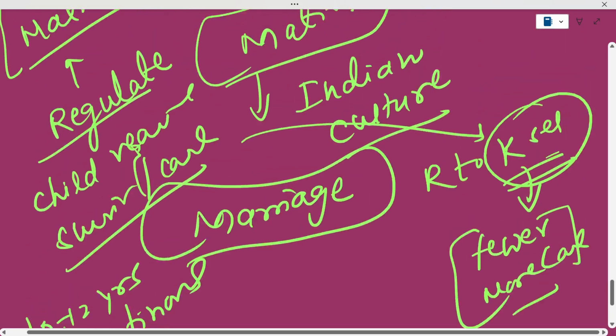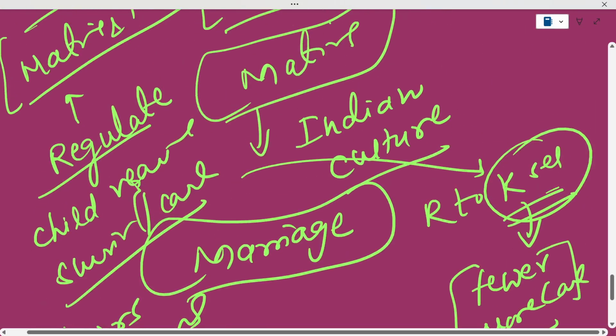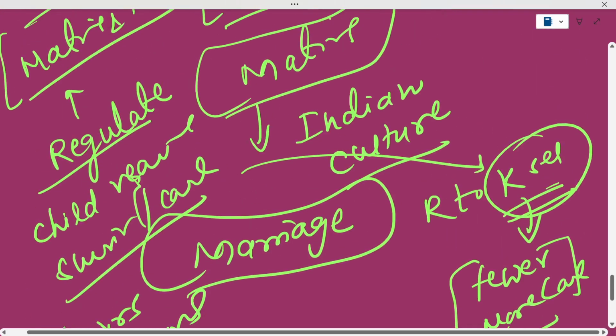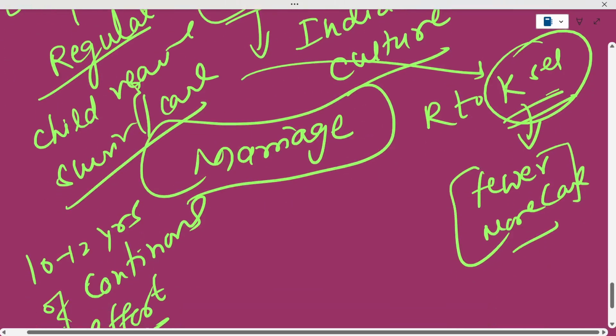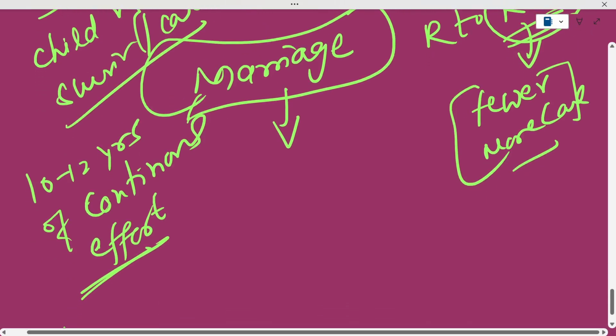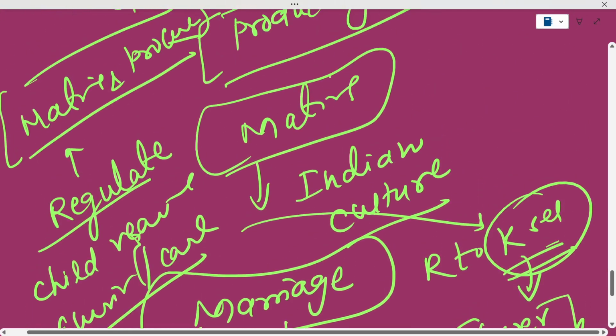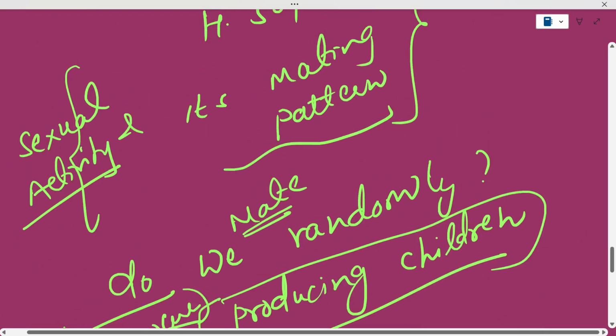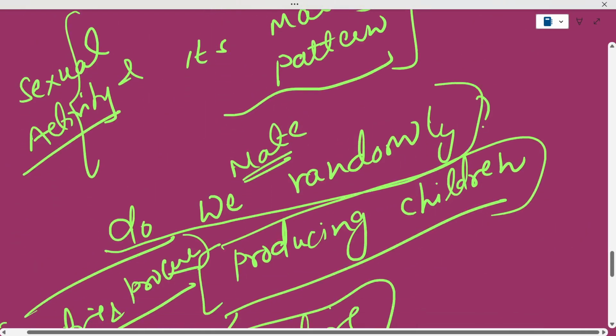So this institution, marriage, it regulates everything. First, in Indian culture, and in many cultures, marriage regulates and controls mating patterns. This answers the question: do we mate randomly? We do not mate randomly.